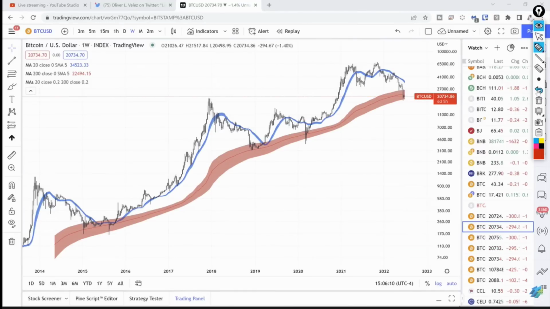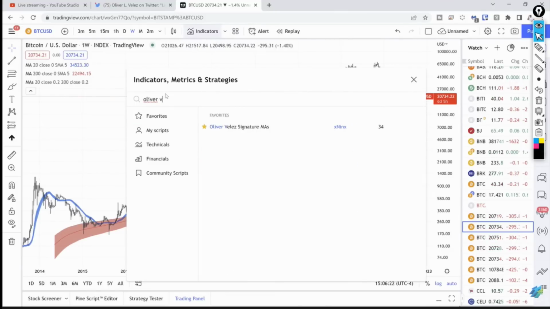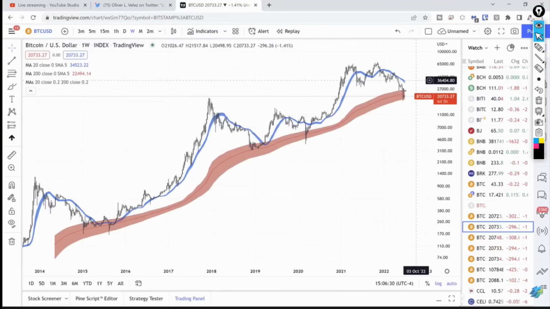Now, as you can see, if you look back historically, this band of mine, and you can grab this, guys. Let me show you where to get this. This is in TradingView. Go to indicators and just basically type Oliver Velez, and you see Oliver Velez signature MAs. All right. And then you just put that on the chart, right? And that's absolutely free.